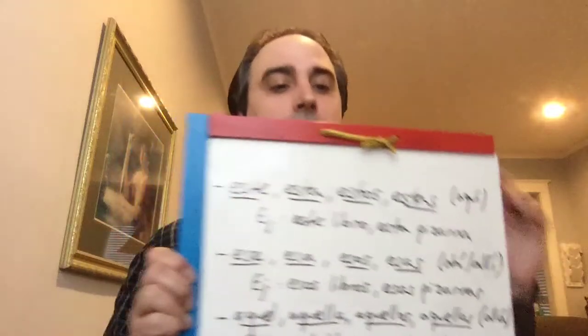So let me give you an example. For example, now by using something like this. ¿Qué es? Es un bolígrafo. Now, this one's close to me, so I could say este bolígrafo.